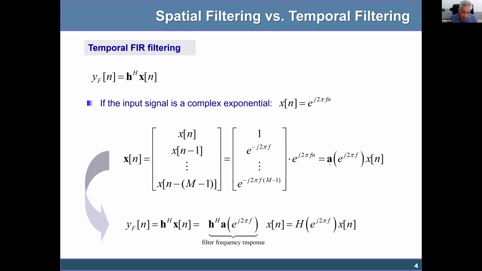If you write all these terms and you bring outside e to the j 2 pi f n, what remains in this vector is 1, e to the minus j 2 pi f, e to the minus j 2 pi 2f, and so on, up to e to the minus j 2 pi f (m minus 1).